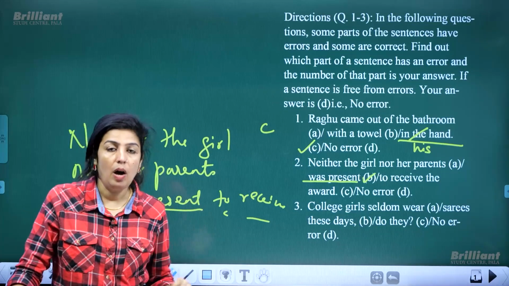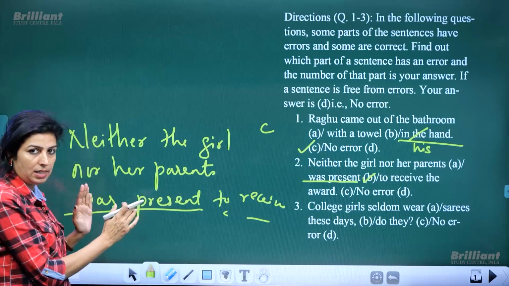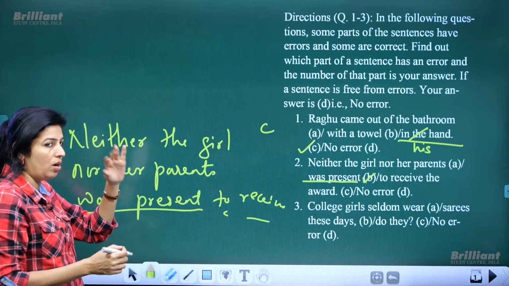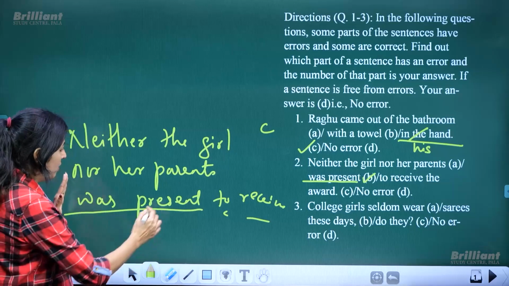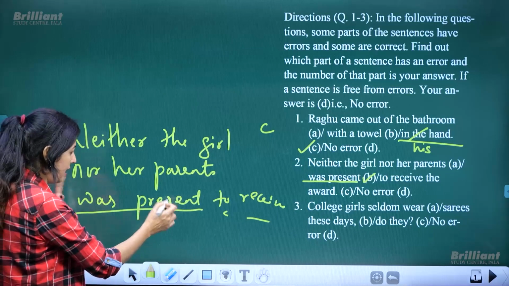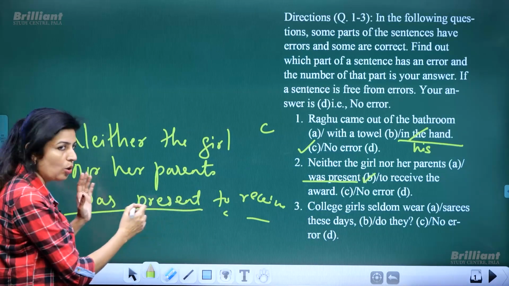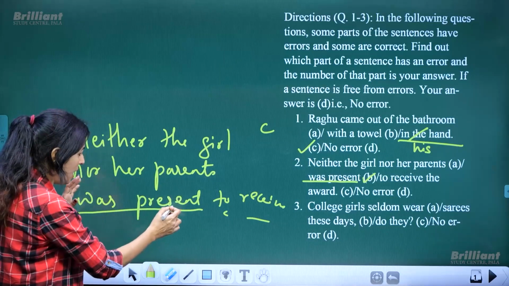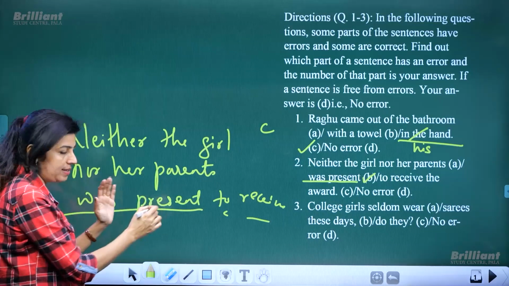Always remember this: the tense form is determined in a sentence like this, neither nor, either or type of sentences, wherever we have the tense or the part or the subject where the tense is immediately after, you have to focus on the subject which comes before this tense, was present.